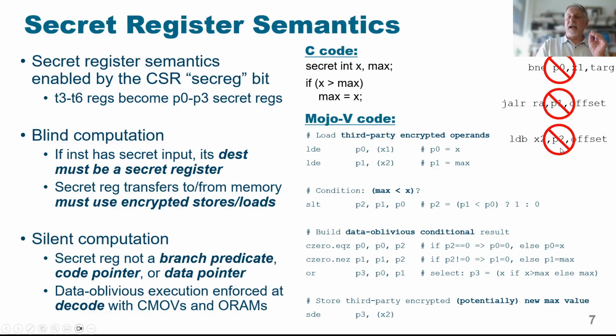Not allowing a secret register as a base register means that you're not permitted to index into an array structure with a secret. And so the way you get around that is you have to use what's called an oblivious RAM, where you scan the entire array and then you modify one value. So the behavior is never changed based on the index. But I always like to tell people that if you're using an ORAM, an oblivious RAM, that's like drinking in the morning.